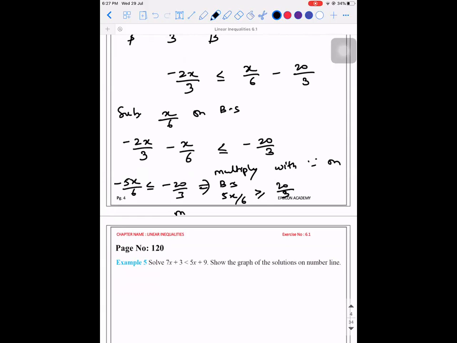Now what are we supposed to do? Multiply with 6 by 5 on both sides. So you will get x is greater than or equal to 20 by 3 into 6 by 5. This will be 2 and this will be 4. So x is greater than or equal to 8. Did you understand why I multiplied with 6 by 5 on both the sides?